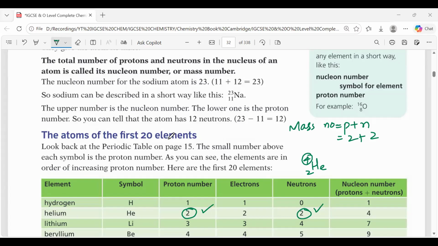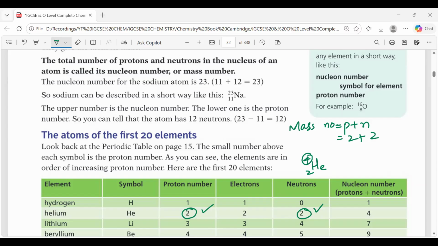Mass number, atomic number. Whenever we have a mass number, it means it is the total of protons plus neutrons.